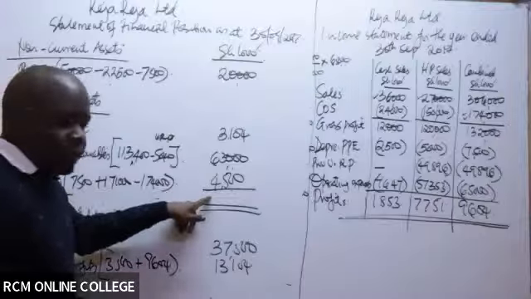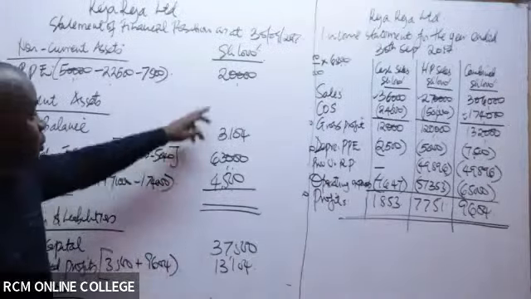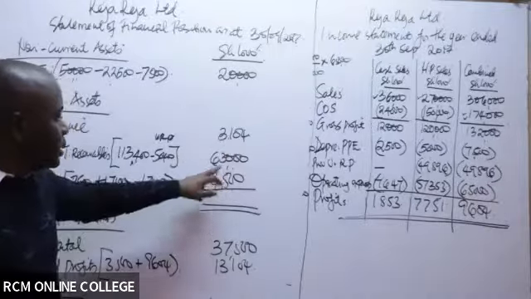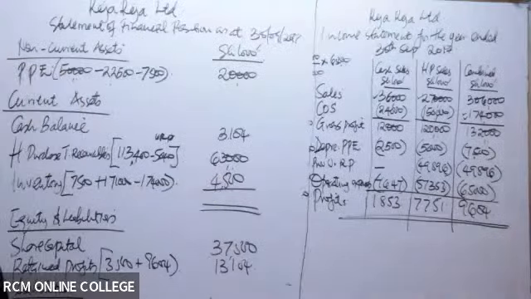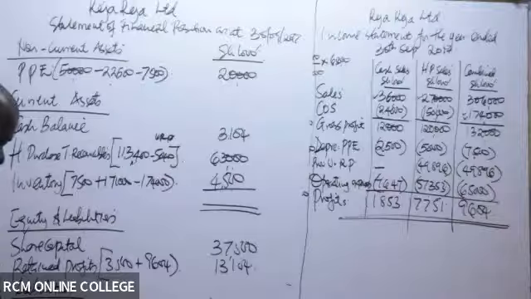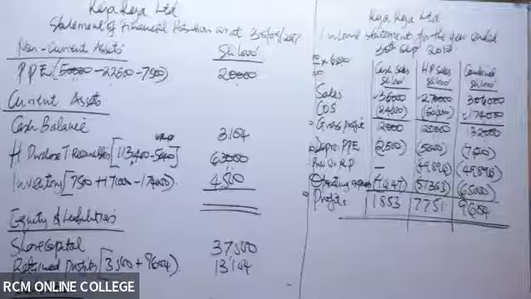So what are you getting when you sum? 20,000, 3104, 63,000, 4,500.